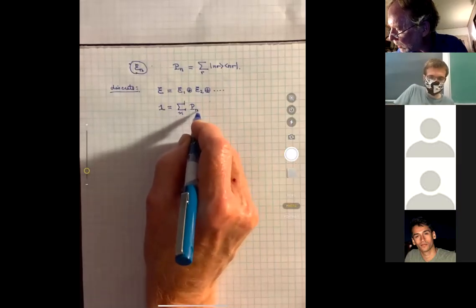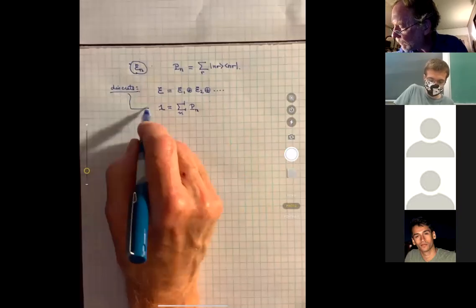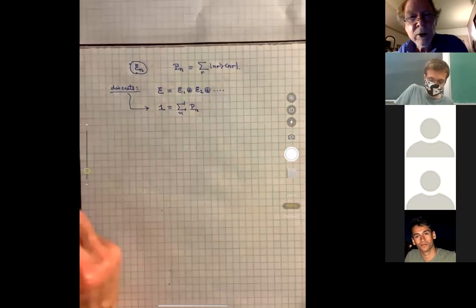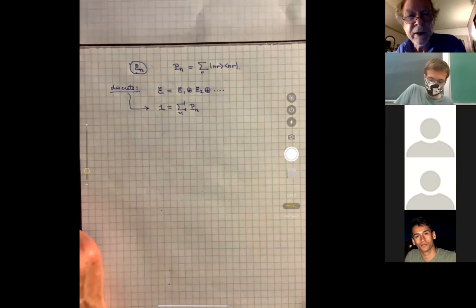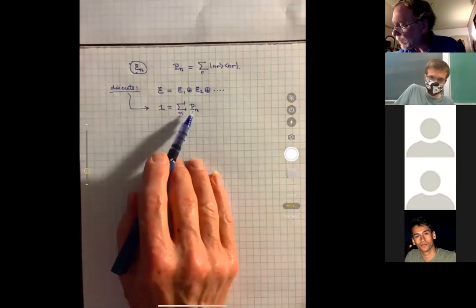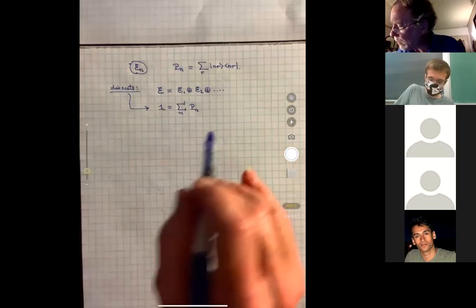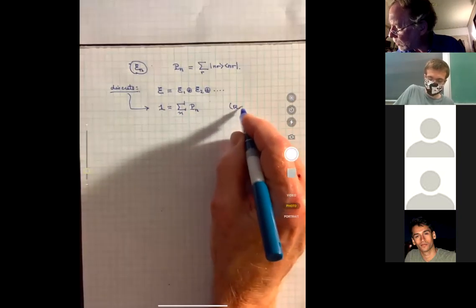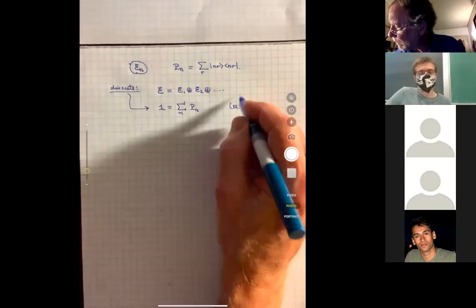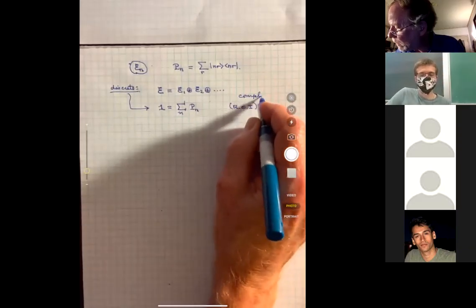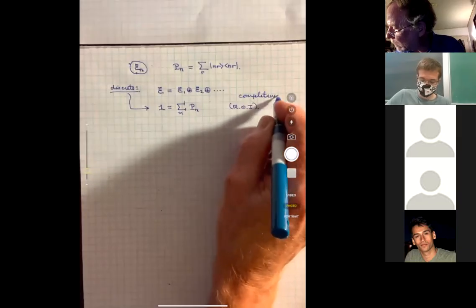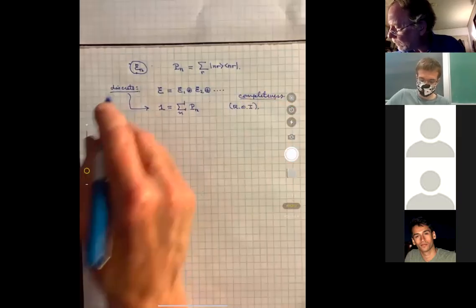This applies in the discrete spectrum. It certainly applies in finite dimensions, and it also applies in the discrete spectrum in infinite dimensions. So these are called complementary projectors because they project onto orthogonal spaces and the sum of them adds up to 1. This is another expression of a resolution of the identity, or if you like, a completeness property for the original operator with a discrete spectrum.